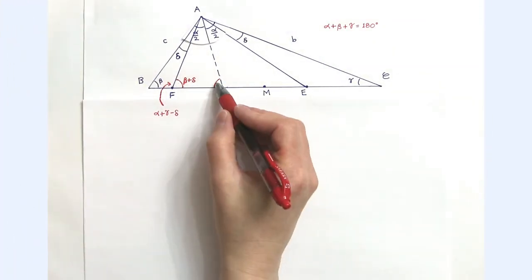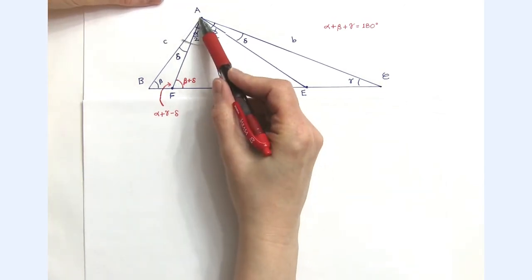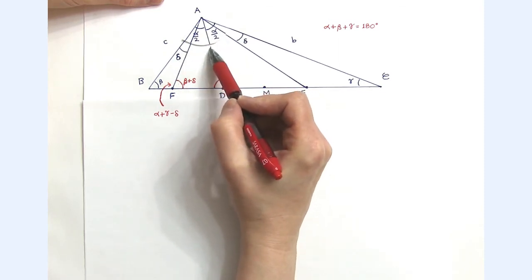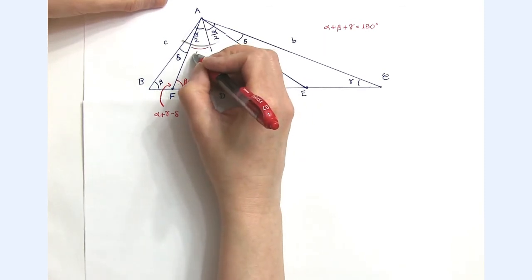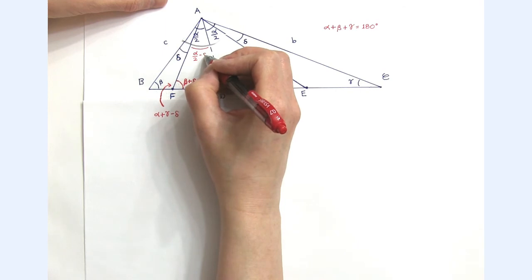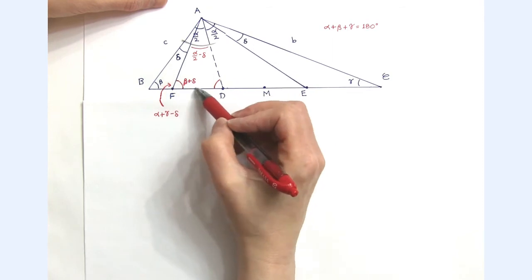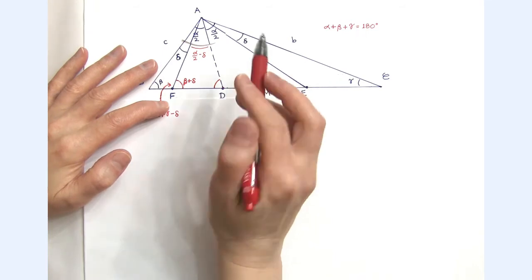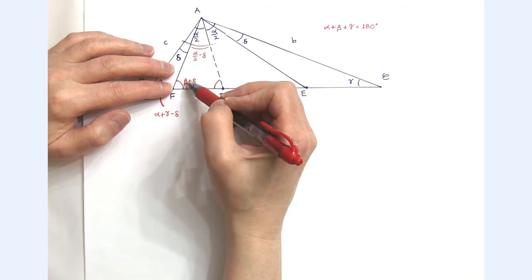Now to get this angle, I look at my picture and I remember that this angle was bisected, so this total is alpha half, and then what's left is alpha half minus delta. So I know that this is alpha over 2 minus delta, and so the angles in this triangle here, AFD, they have to add up to 180, and so far I have alpha half and beta.